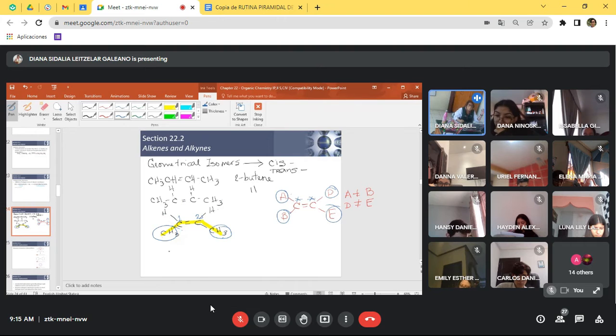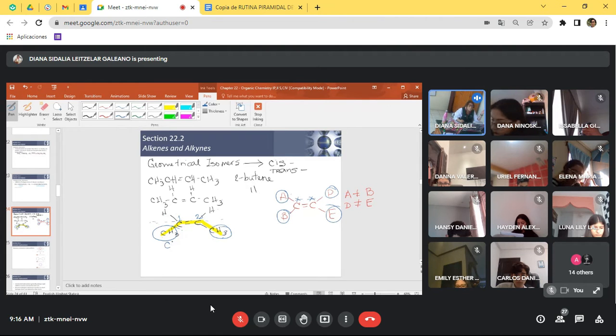A geometrical isomer, once you say the compound is yes, means that you have to have two compounds. One will be called cis if the identical parts of the molecule are below or above the double bond. In this case, if we select as a pair CH3 and CH3 as identical, they are below the double bond.